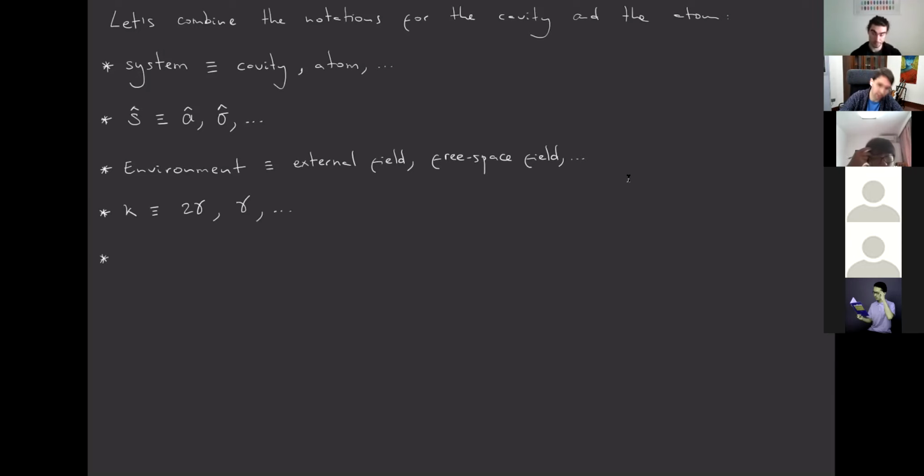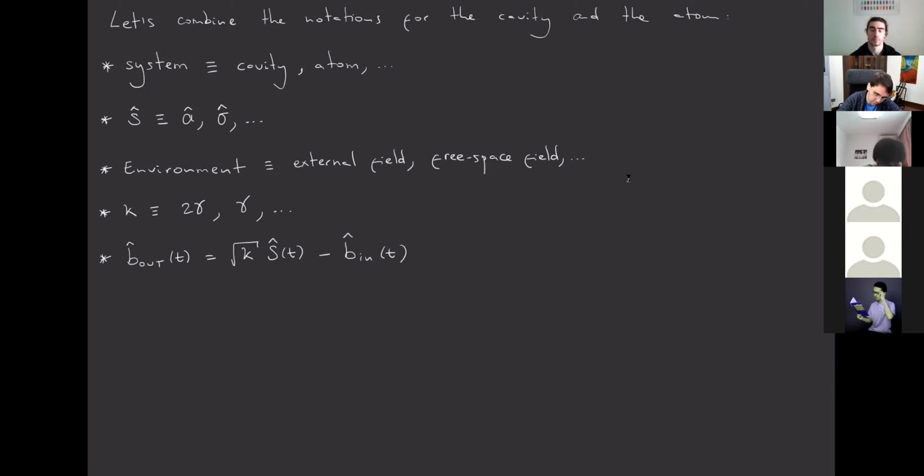So in particular, this means that the output operator in the open system we are interested about can be written in this combined notation as square root of kappa times the system operator S at time t minus the input operator at time t. Okay? So this is completely just a notation, just to combine everything together.